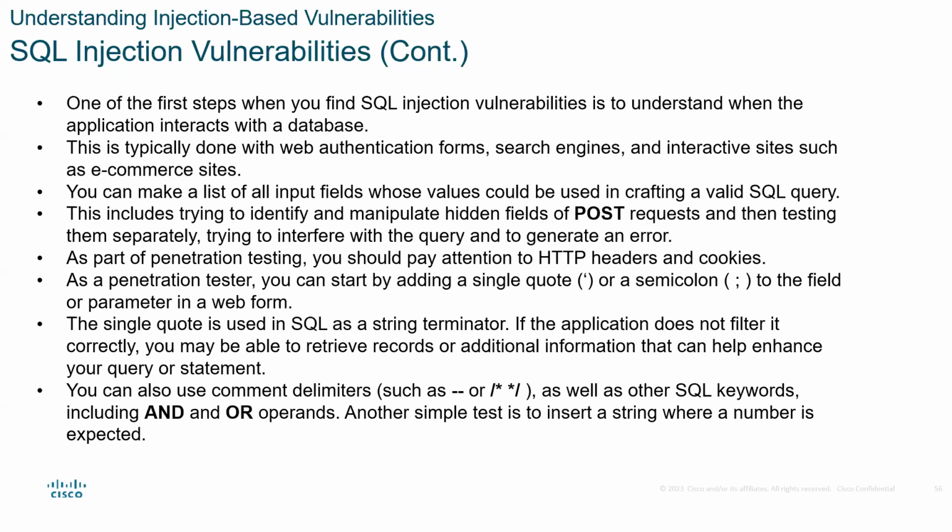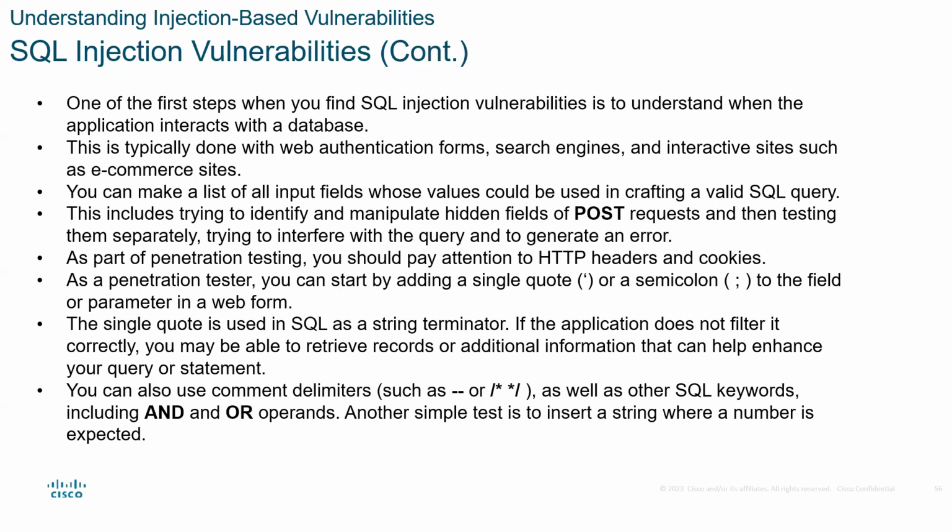You can use comment delimiters, things like double dash or slash asterisk asterisk slash, as well as other SQL keywords. For people who are into building web pages or databases, for example, these delimiters make sense.